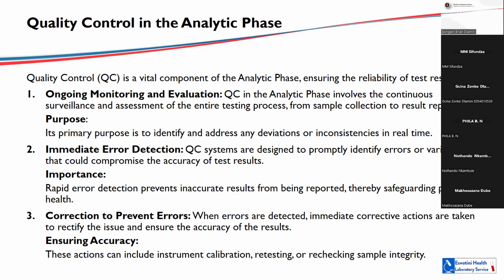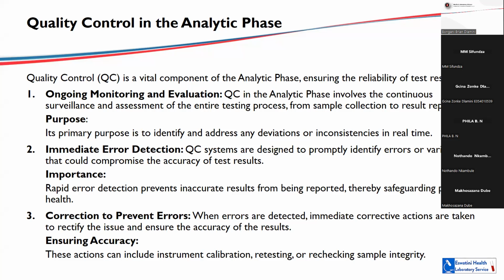Then there is immediate error detection. Quality control systems are designed to promptly identify errors or variations that could compromise the accuracy of the test results. Then we need to act on them. Its importance is to rapidly detect and prevent inaccurate results from being reported, thereby safeguarding the patient's health.